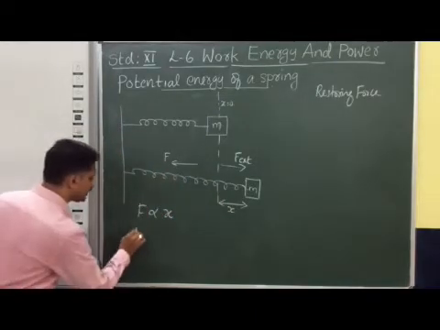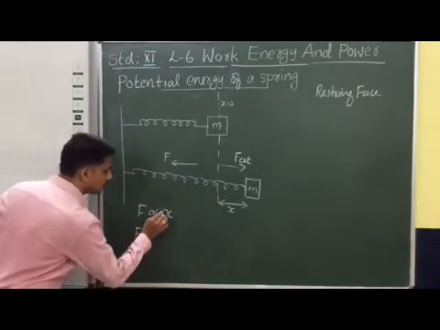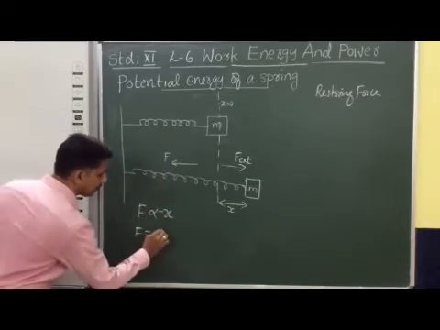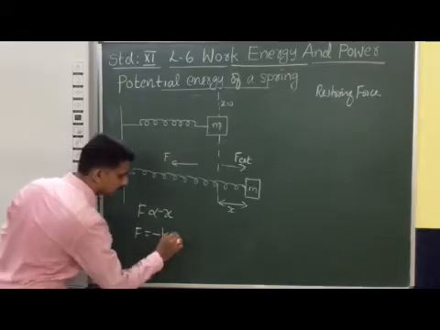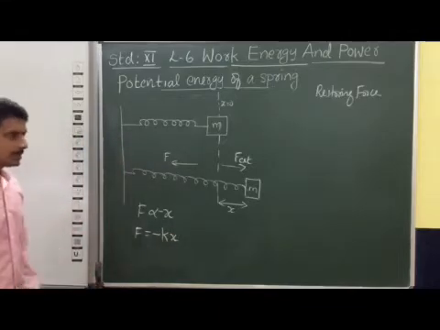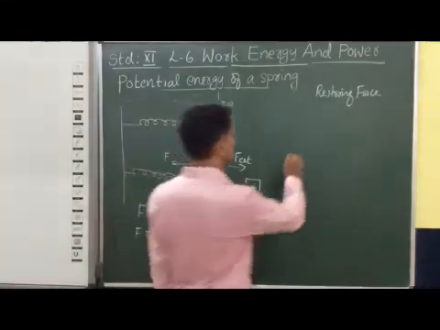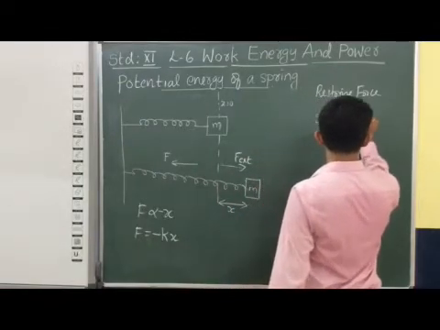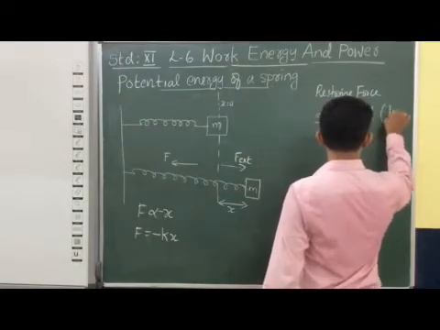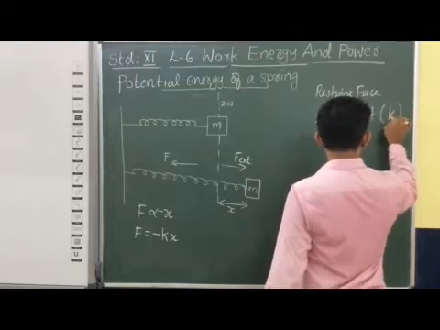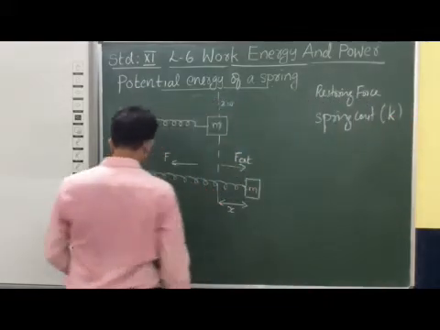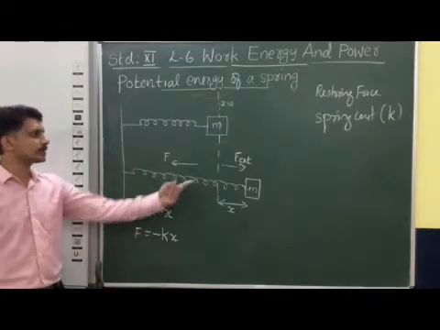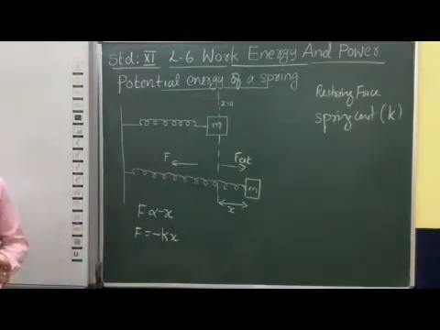So F is proportional to minus x, or F = -kx, where k is known as the spring constant or force constant. So F = -kx is the restoring force developing on this spring.